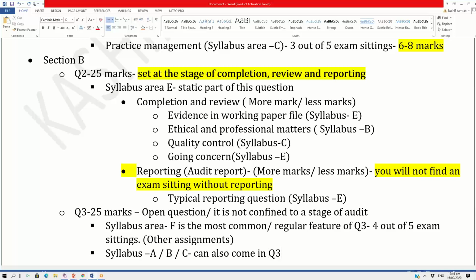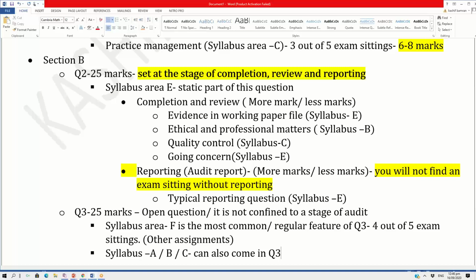I've told you so many times that syllabus area A, B, C can be in question 1, question 2, or question 3. We have seen several exam settings where question number 3 was not on other assignments. An examiner made a full question on syllabus area A, or made a mixture question from syllabus areas B and C. An examiner didn't ask for syllabus area F.